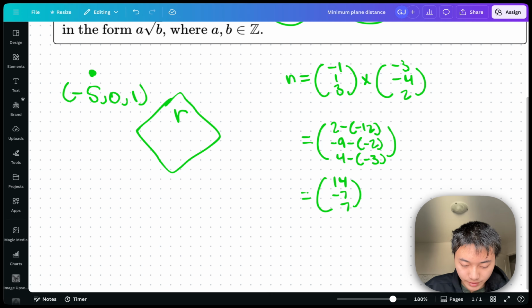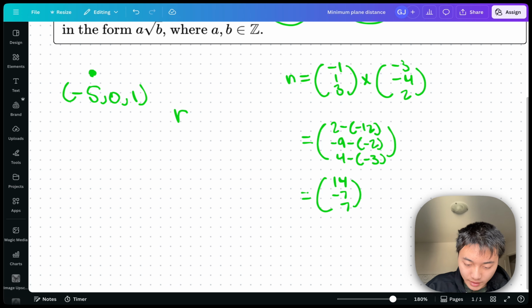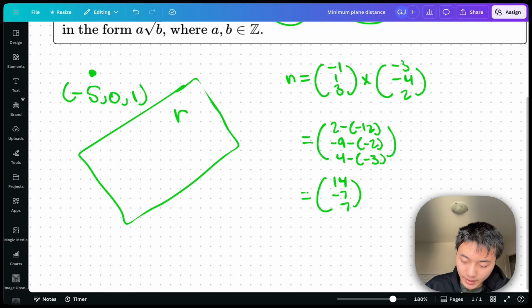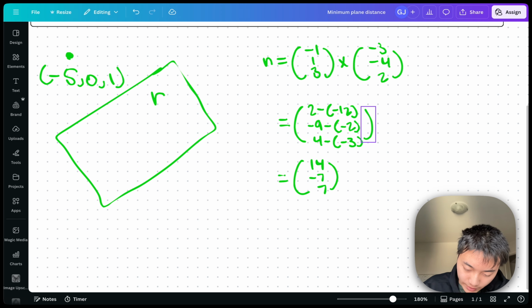I guess a plane is not just finite, so it would be like this maybe, but even bigger and infinite. Essentially this normal, we can simplify this even further, because the ratio would be 2, negative 1, and 1 if we divide everything by 7.